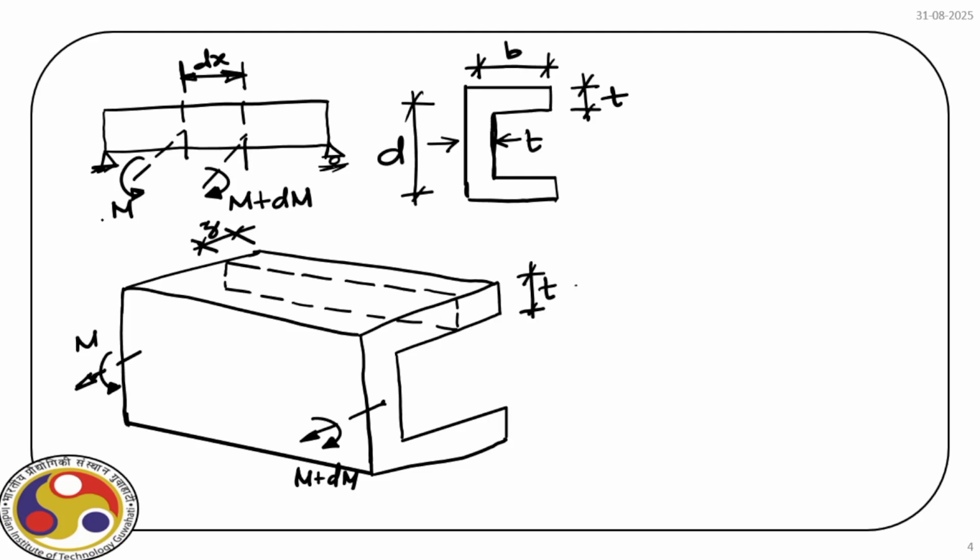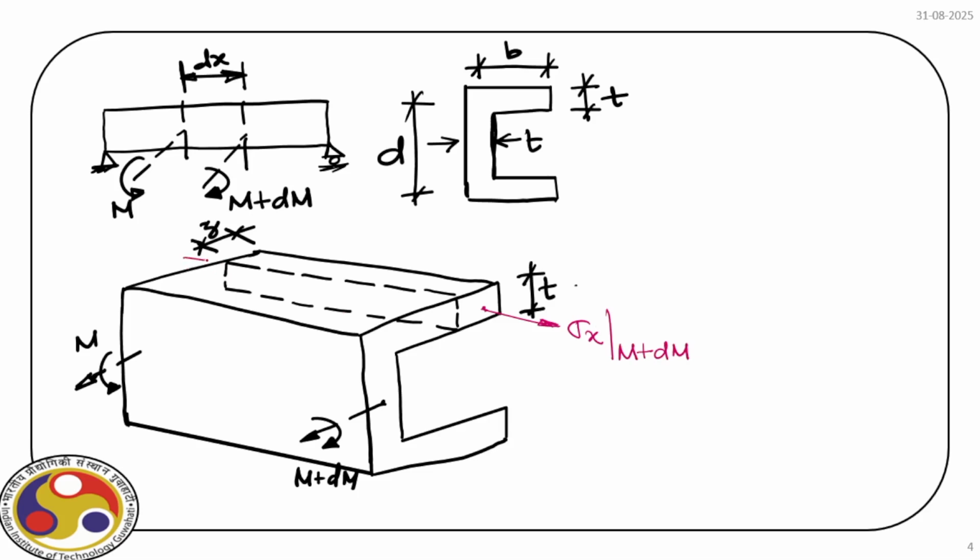Now we have applied a hogging moment. That means at the top we'll have tension and at the bottom we'll have compression. And at this face we'll have sigma x due to the bending moment M plus dM.